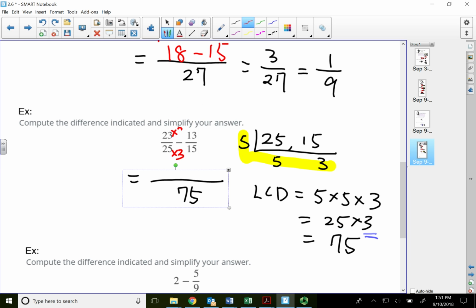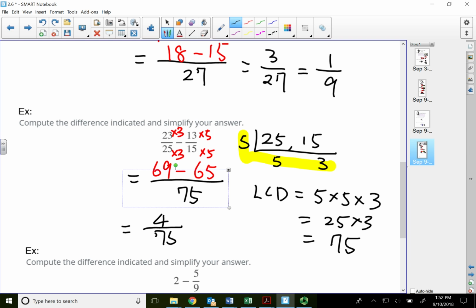My numerator will do so as well, times 3. 23 times 3 is actually 69, so that's my new numerator, minus. 15 going to 75 is 5 times. See it? 5 times 15 is 75. So my numerator times 5. 13 times 5 is 65. So that will be 4 over 75.